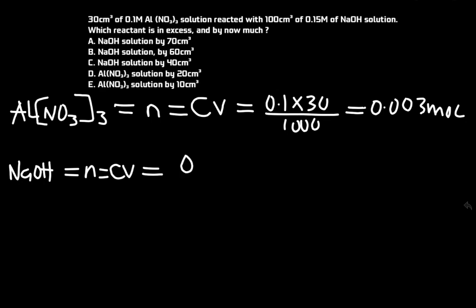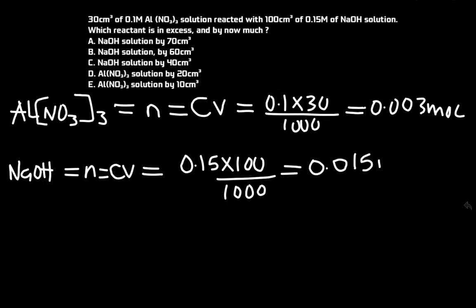So we say 0.15 times the volume given, which was 100 cm³. So we also divide here by 1000. Here we arrive at 0.015 mole of sodium hydroxide. That's the second step.